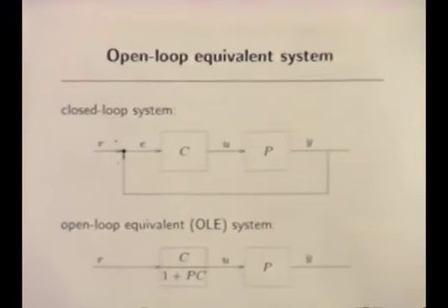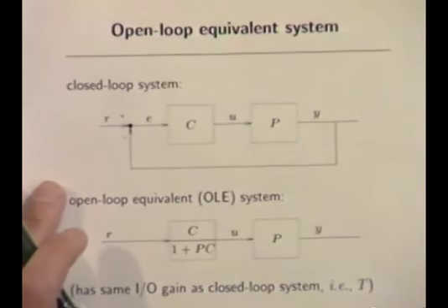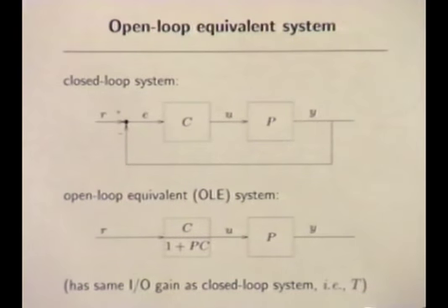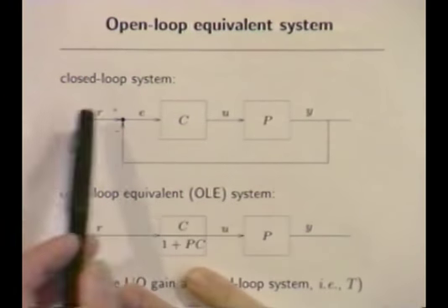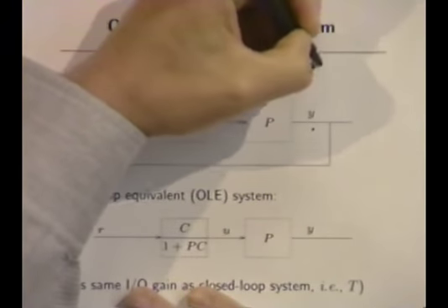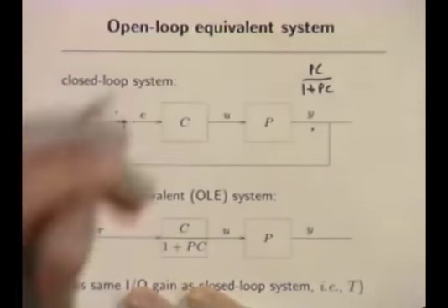So let's see, open loop equivalent system. This is a way to compare a feedback system with something that did the same thing but open loop. Here's a closed loop system, and the gain from here to here is PC over 1 plus PC.